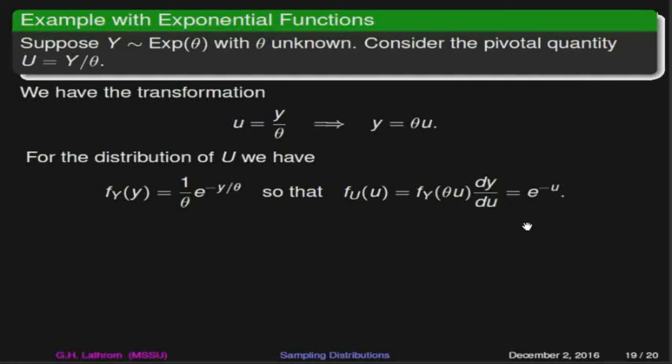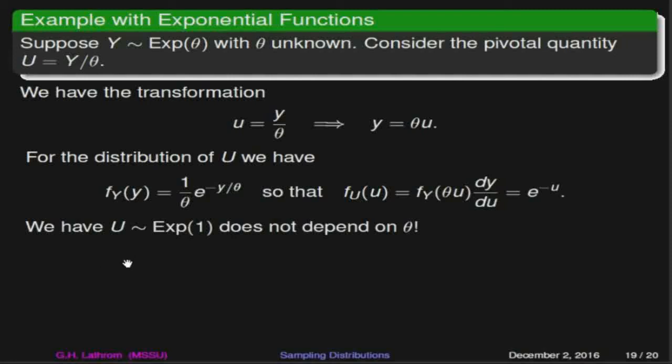Well, that just gives us e to the negative u, because we assumed that y had an exponential distribution with parameter theta. And so this is also an exponential distribution with a fixed parameter of 1. And so it's not dependent on theta anymore.